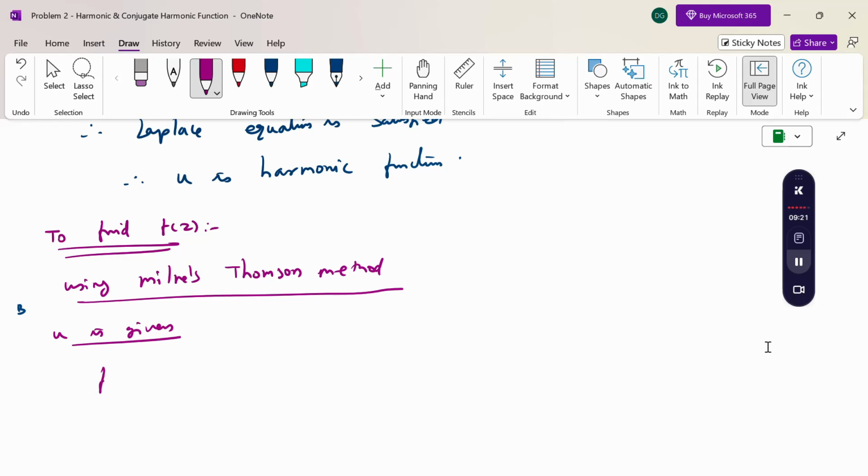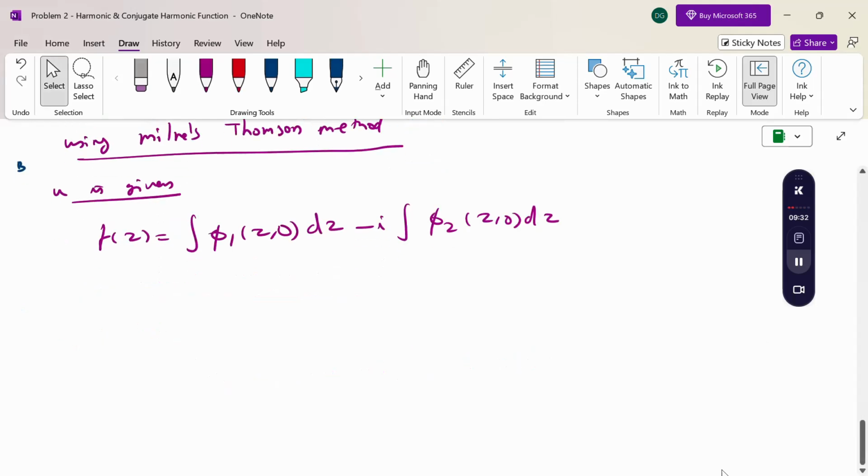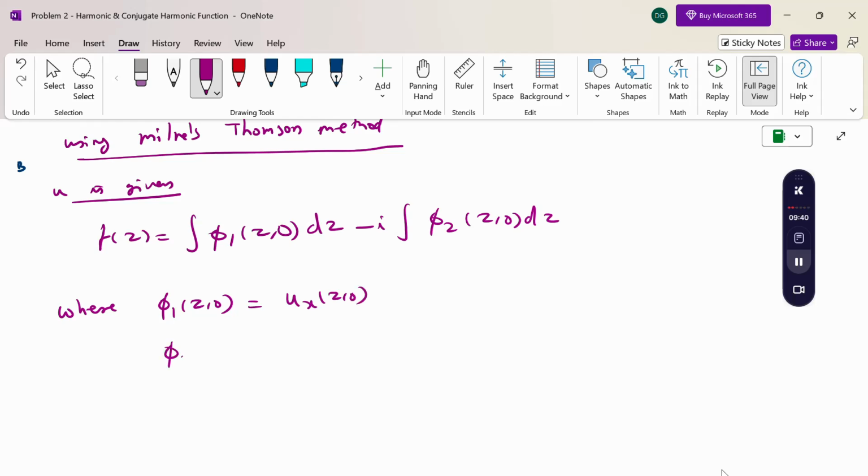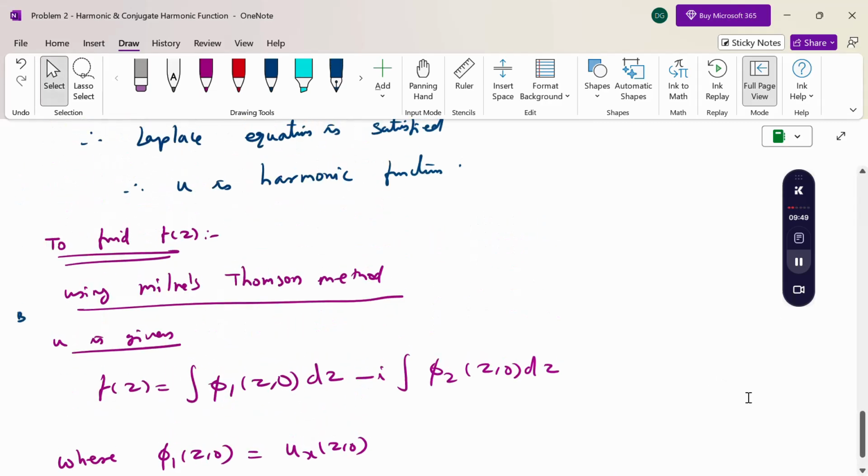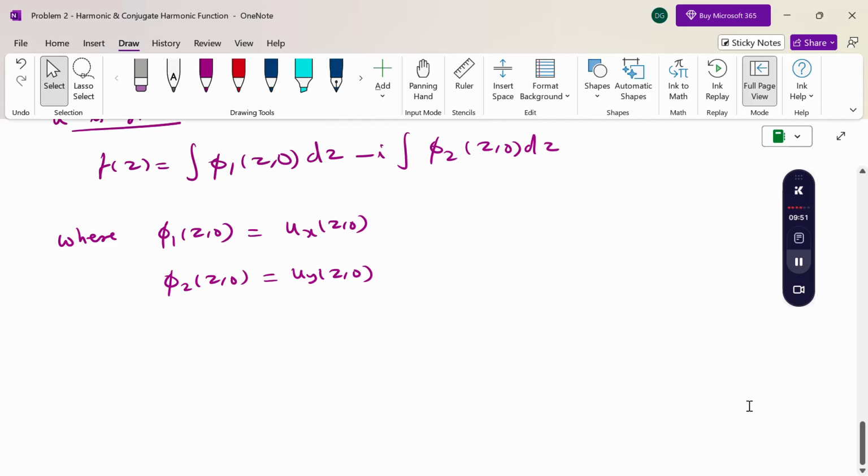When u is given, f of z equals the integral of phi 1 of z comma 0 dz minus i times the integral of phi 2 of z comma 0 dz, where phi 1 of z comma 0 is ux of z comma 0, and phi 2 of z comma 0 is uy of z comma 0. So this is the form. Now calculate phi 1 of z comma 0, which is ux of z comma 0.